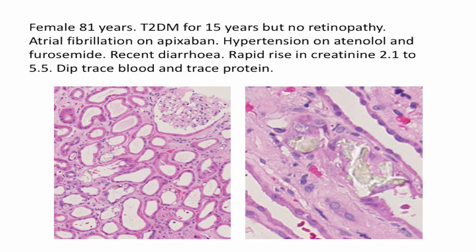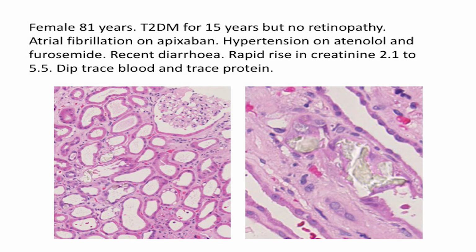Biopsy shows acute tubular injury with these dilated flattened tubules and very large numbers of calcium oxalates in the tubules. And it doesn't take much in your diabetic patients, usually a bit of diarrhea and dehydration, to tip them over into crystallizing out and depositing calcium oxalate in the tubules, and then they snowball.